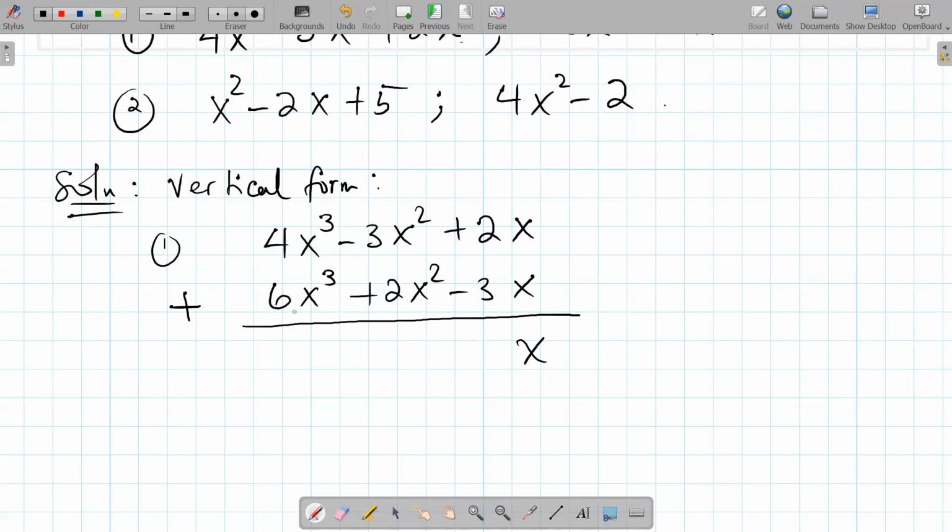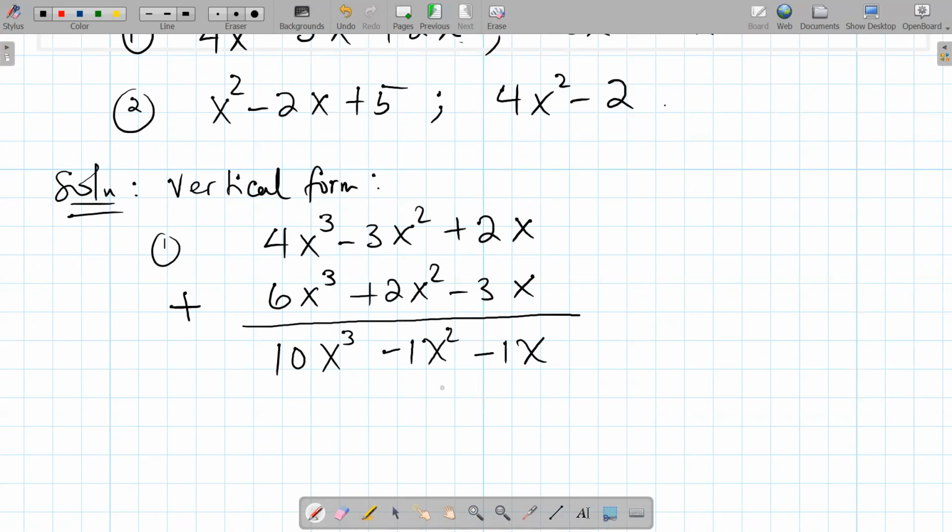This is 2 plus 3. That should give you 5x. Somewhere there. And then you also keep the x squared term. You're going to sum up -3 and 2. So -3 plus 2 will equally give you -1. And then you're going to hold the x cubed. We sum up 4 and 6. 4 plus 6 is going to give you 10.